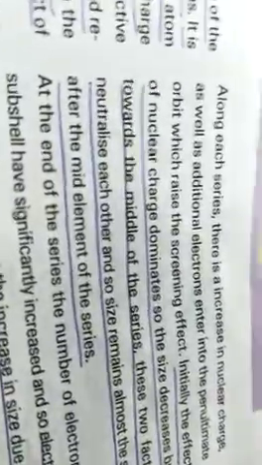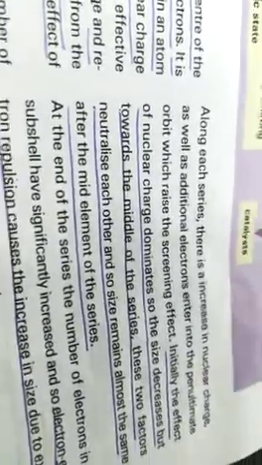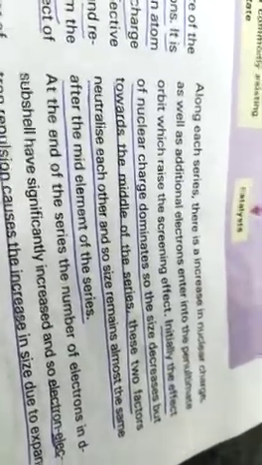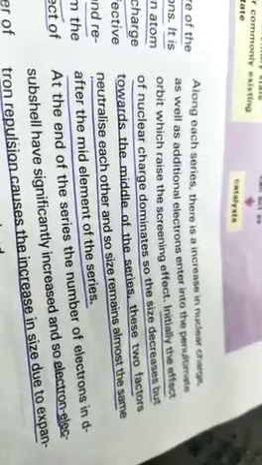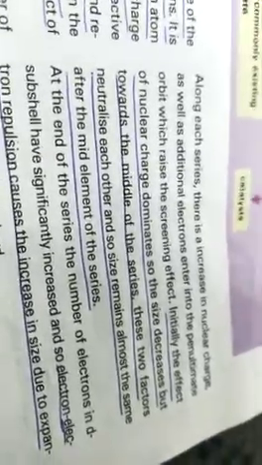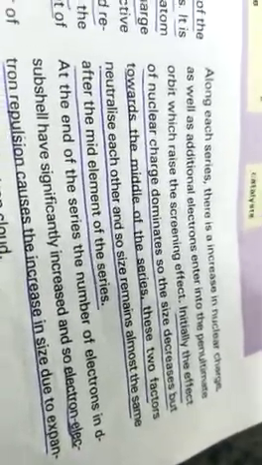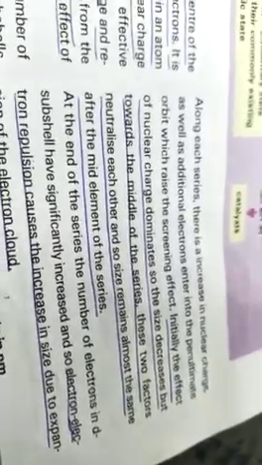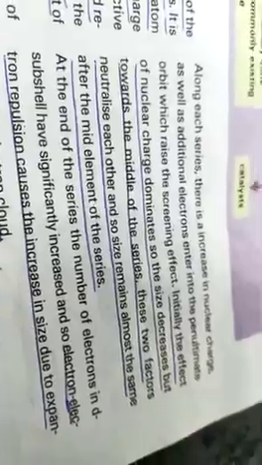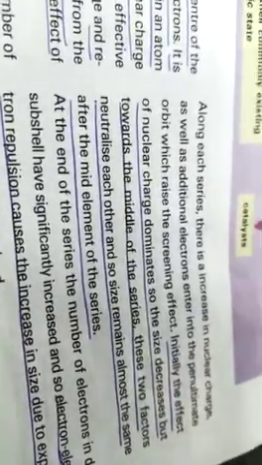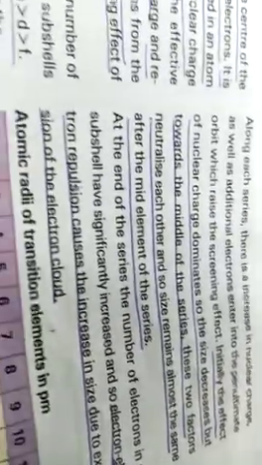Initially, the effect of nuclear charge dominates, so there is a decrease in size, but toward the middle of the series, these two factors neutralize each other, and so size remains almost the same after the middle element of the series.